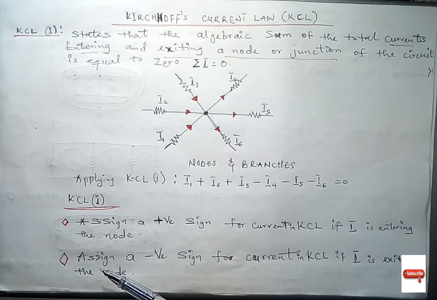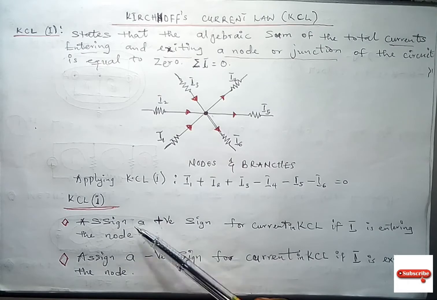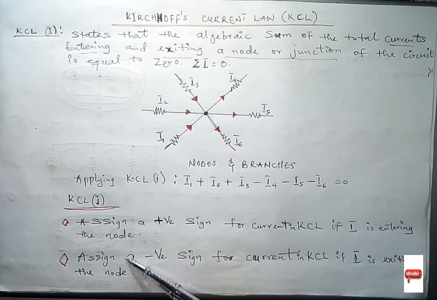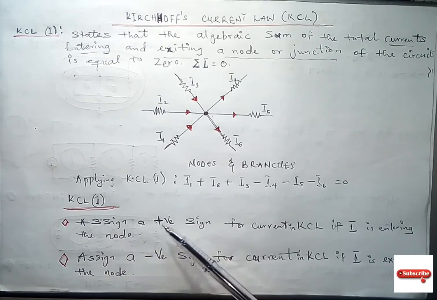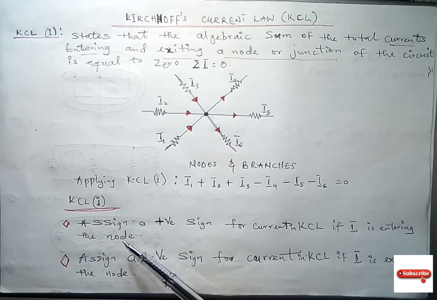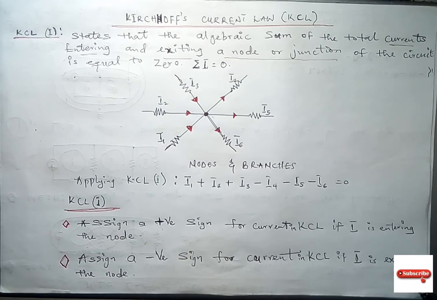Whenever we have a current that is exiting or leaving the node, we shall assign a negative sign. You should take note of these two tricks. So, assign a positive sign for current in KCL if I is entering the node, and assign a negative sign for current in KCL if I is exiting the node. We should take note of these two.